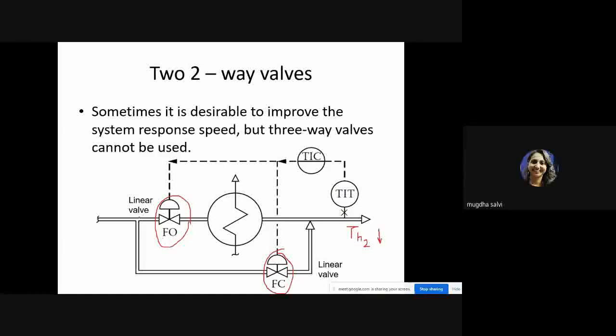I need fluid from the inlet to be mixed to the outlet. This temperature controller gives the signal to both.